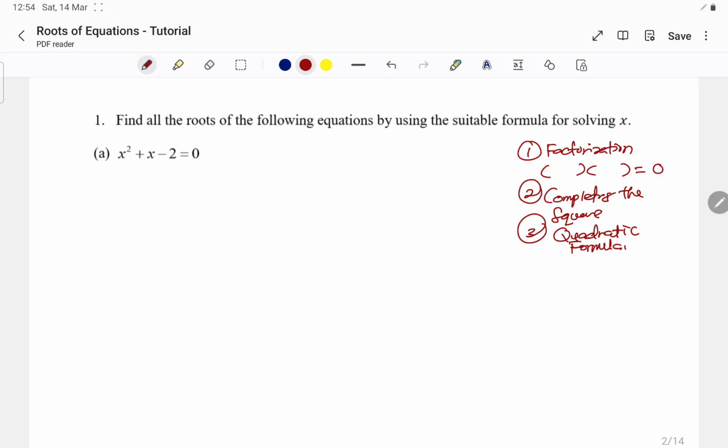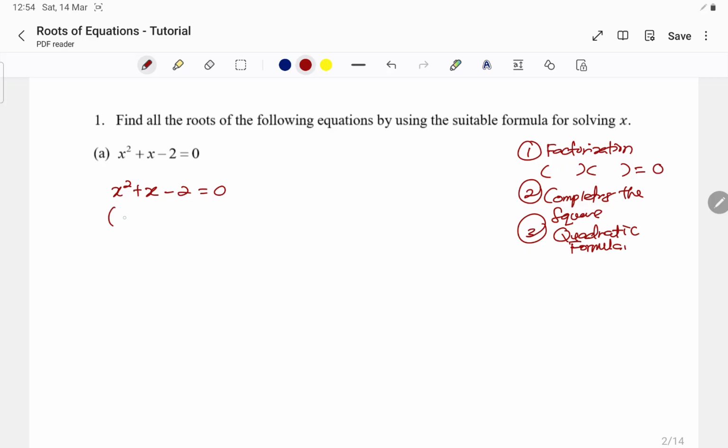For the first question, I will do question A, which is x squared plus x minus 2. For this question, we can use factorization. First of all, you copy the question, and then when we do the factorization, you find the factors of -2 which, when combined, become the original equation. Or to make it easier, just use a calculator.